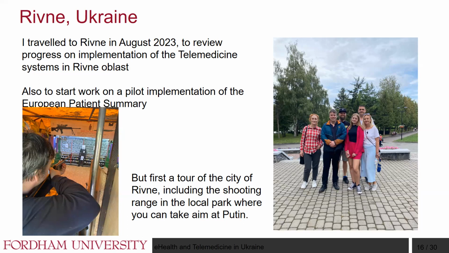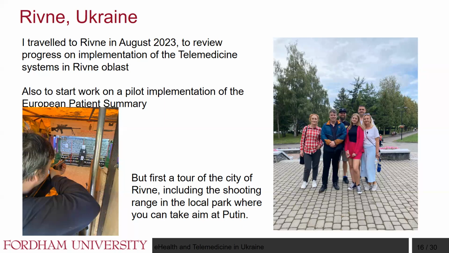We went on a tour of the city. That's when I started to notice how people are coping with the war. So Rivne itself only had 2 missile attacks, one on the power station and one on the city itself. So in 18 months of war, that's relatively untouched.